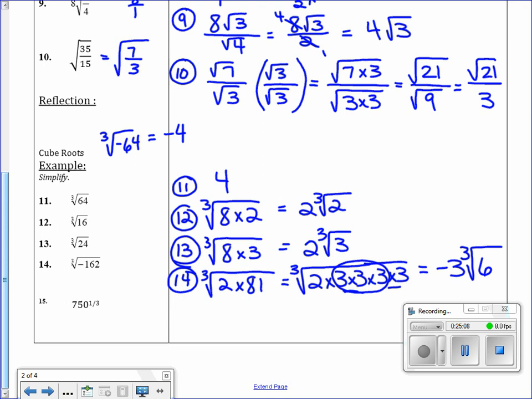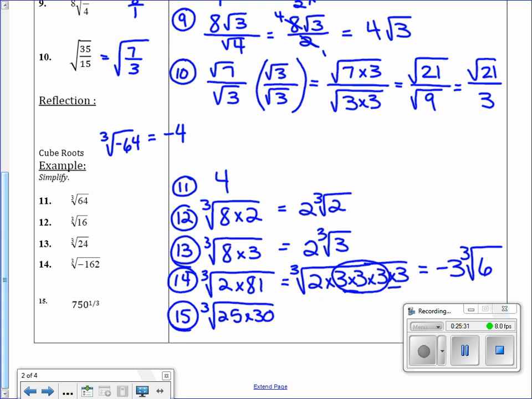So for number 15, I went ahead and thought about some numbers. Again, what makes 750, and a number that came to my mind. You might think about different numbers, and that's perfectly acceptable. I thought about, okay, 25 times 30. So the cube root of 25 times 30.